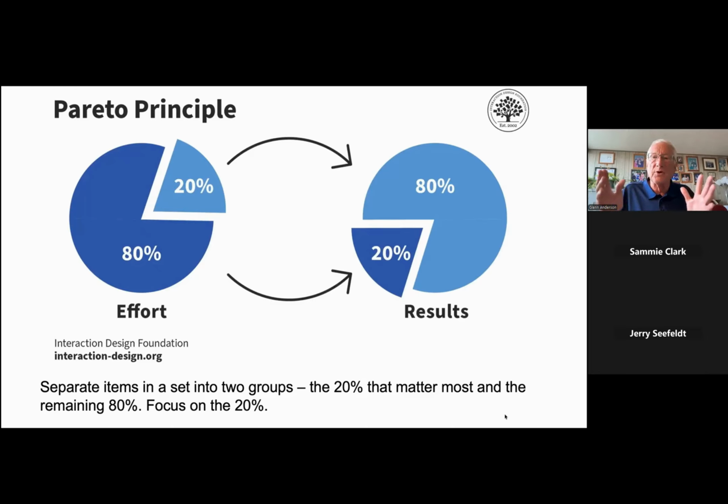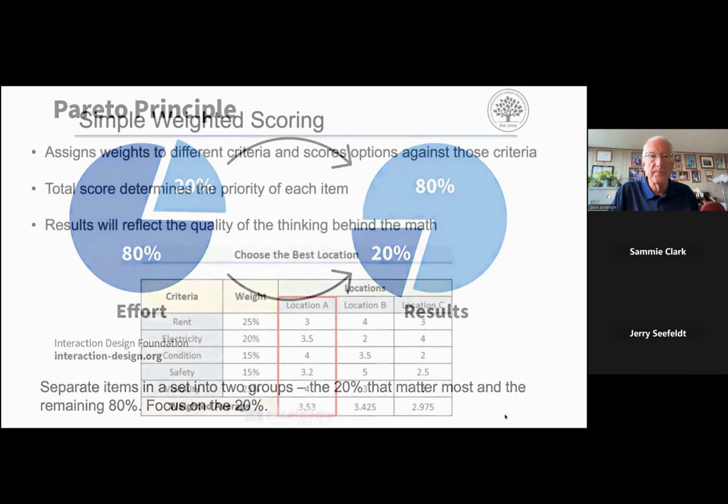So for example, if you had 10 items in your list and you were trying to prioritize your list, you would identify the 2 items on that list that produce 80% of the results, and those would be 1 and 2 in your list. 20% of the effort, these 2 items produce 80% of the results.